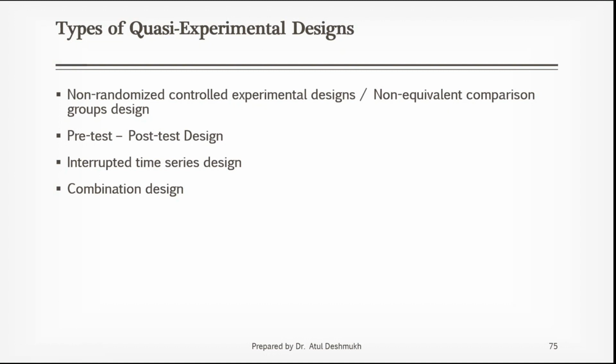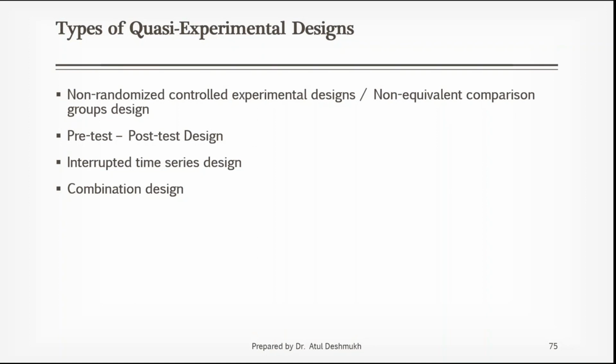Second is pre-test, post-test design. Third is interrupted time series design. And fourth is combination design. So these are types of quasi-experimental or semi-experimental designs. Whenever you are working in clinical settings, with patients, with human participants, in any field, maybe health science, management, or any other field, it may not be possible to have intervention and random selection of samples.